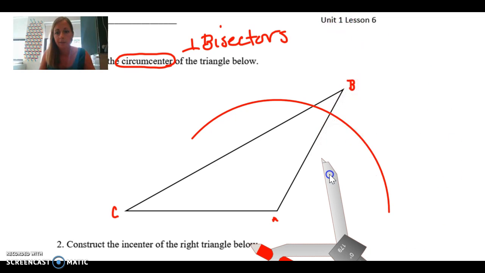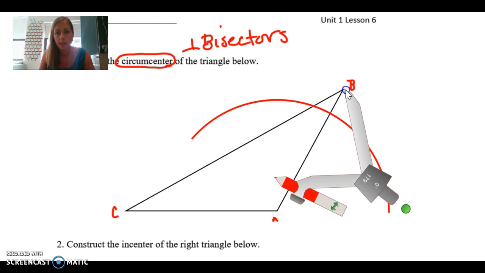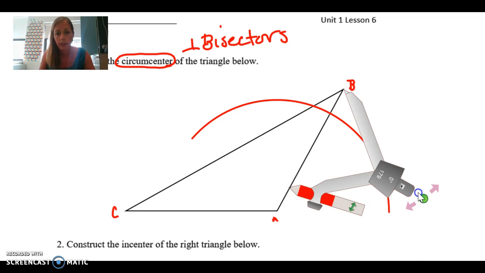Let's see. Okay, let's try that again. So the point of my compass is on B, and my pencil is stretching more than halfway from A to B, which is true. And I'm keeping it actually the same width as what I just did.